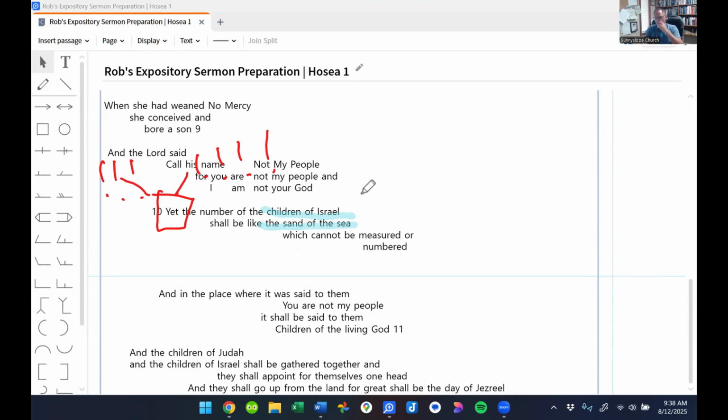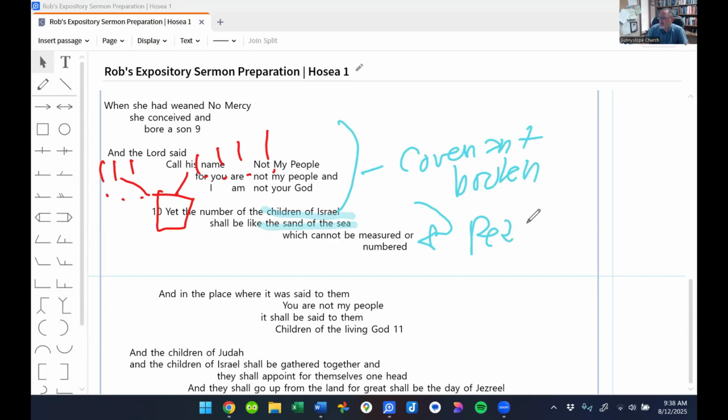And so while God has earlier in the text essentially said the covenant is broken by the people, he's coming back here and reaffirming it. He's saying, and yet there's still going to be a way, in spite of all this judgment, where I will fulfill and keep the terms of the covenant.